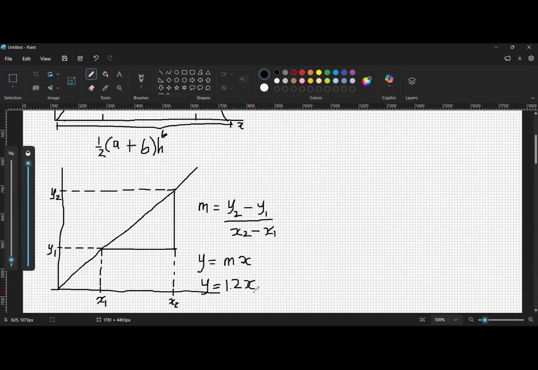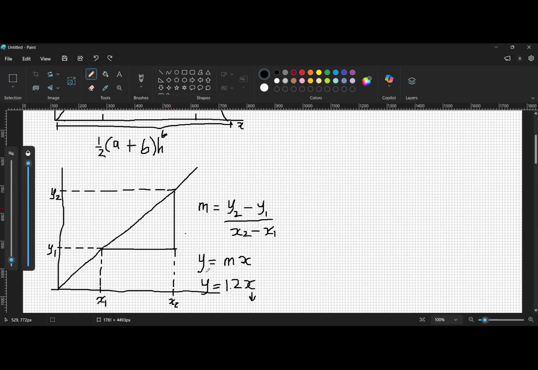So now remember, x is what? From that graph of yours, x is pounds, isn't it? X is pounds.